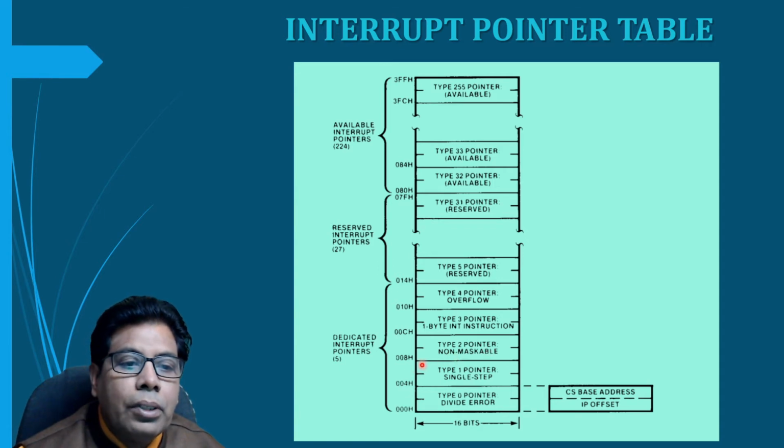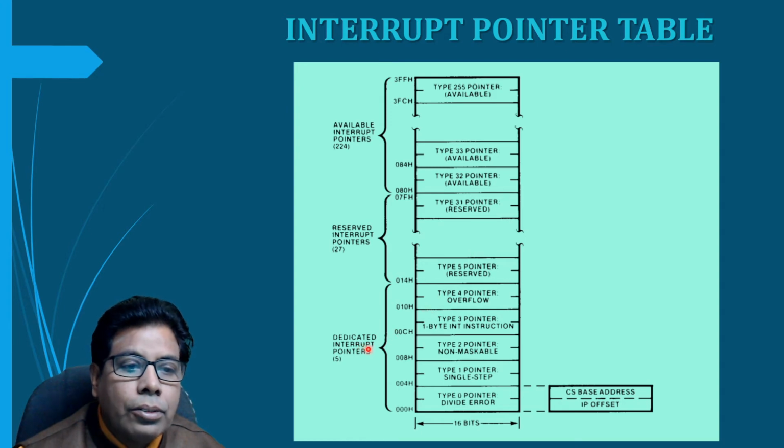Then type 2 will start at 008 and end at 00B, that is 11 in decimal. In this way type 3, type 4, type 5 will occupy the addresses in the vector table or interrupt pointer table.